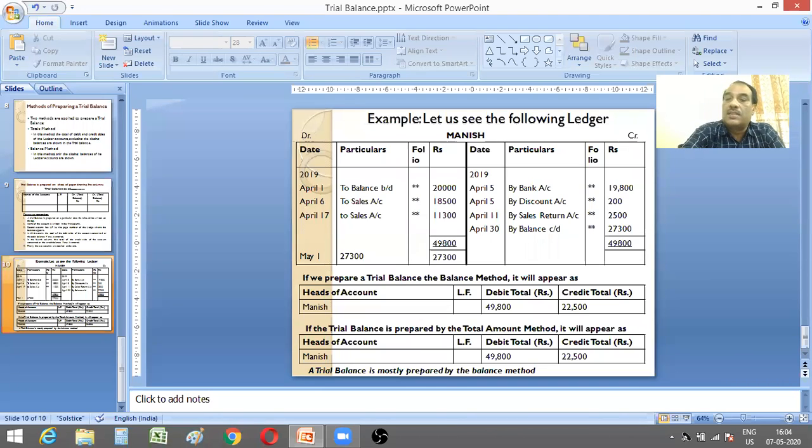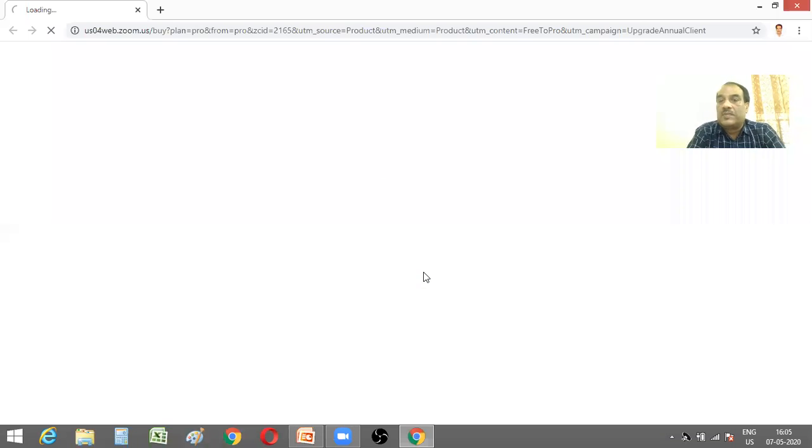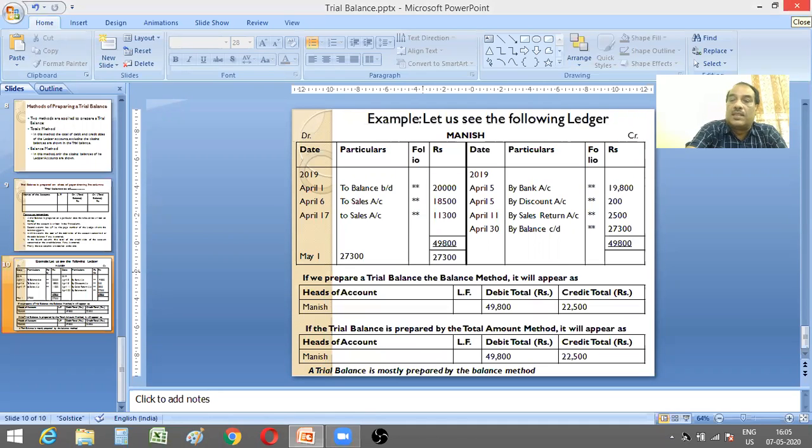So the total, you can add 20,000 plus 2,500, is 22,500. So there was a deficit of 27,300. It is written as by balance CD 2,700. So to match both sides, debit and credit, balancing was done again, and it is 2,700.